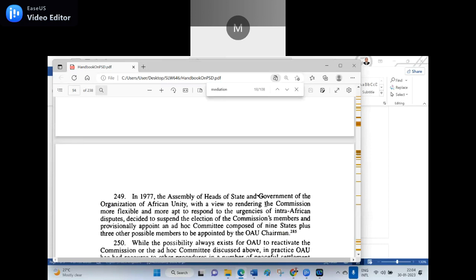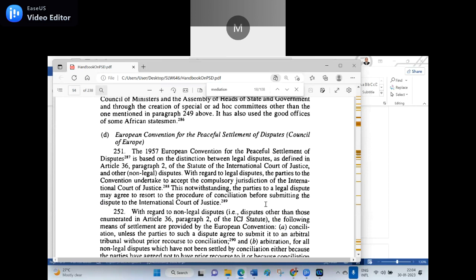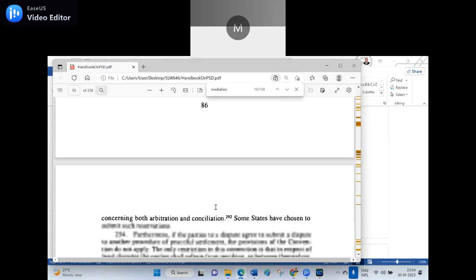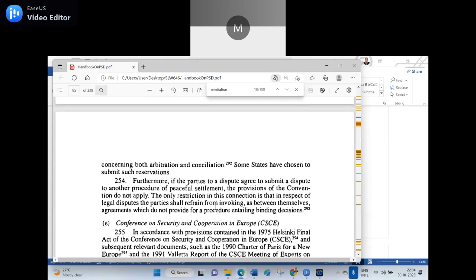Is it clear? Yes, Prof. And we dealt in depth with the European Convention for the Peaceful Settlement of Disputes. We dealt with it in a better manner. And in the next class we will see the diplomatic way, how it can be resolved. Today we have seen judicial adjudication.